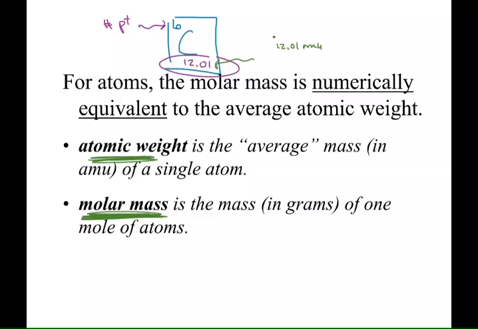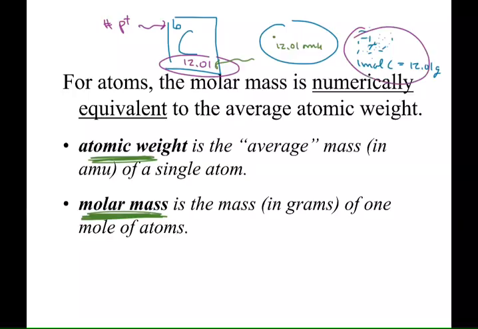So if you have 1 mole of carbon, not carbon-12, but just how carbon appears in nature, then it is going to weigh 12.01 grams. That is the molar mass of carbon, and that's the decimal number.